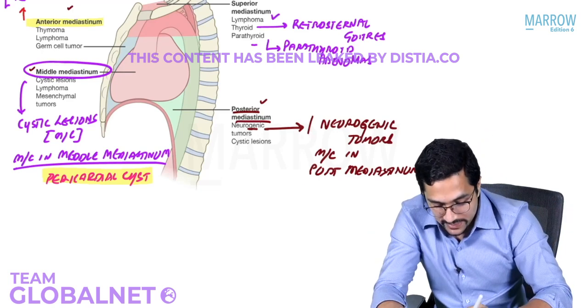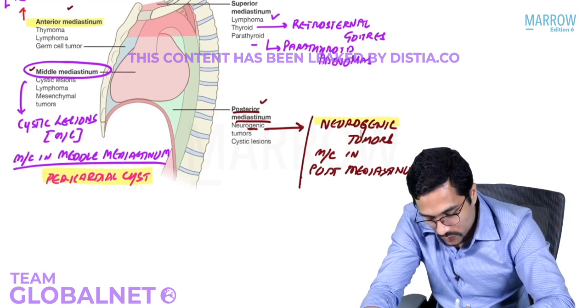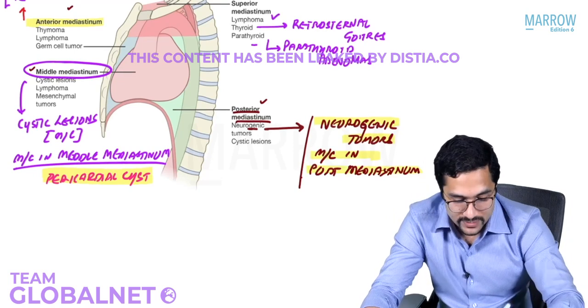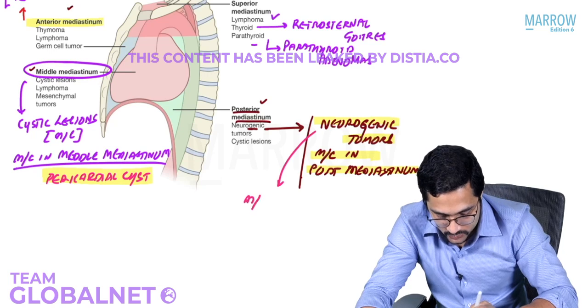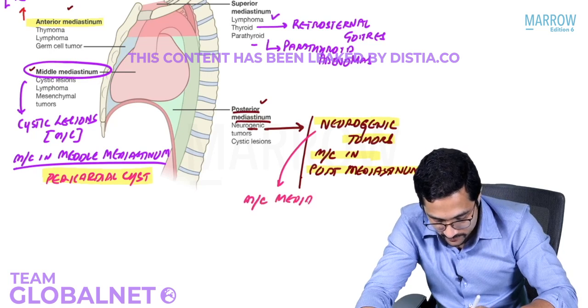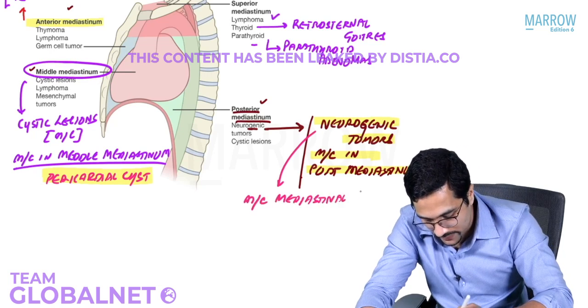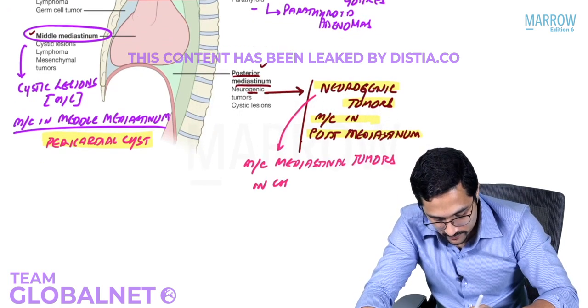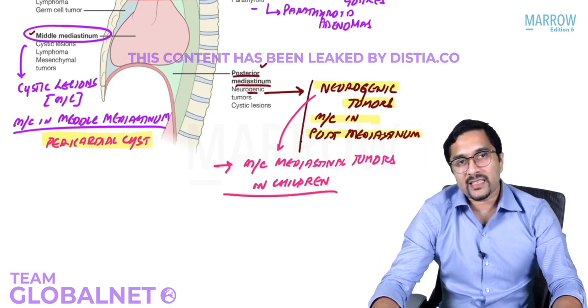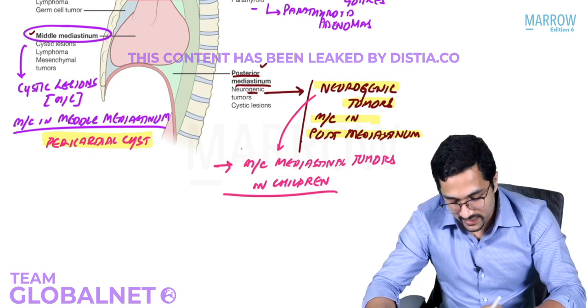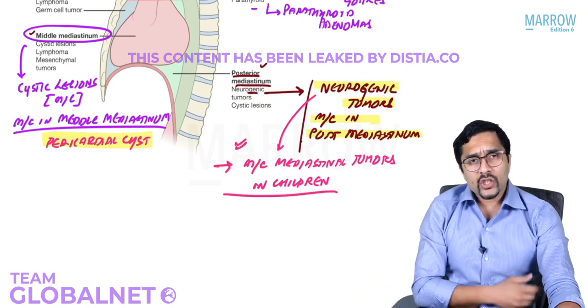Right, so in the posterior mediastinum, neurogenic tumors are the most common. And one more question which you can get in the exam: these are the most common mediastinal tumors in children as well. That is another question which has been asked in the exam. So this you should know about.